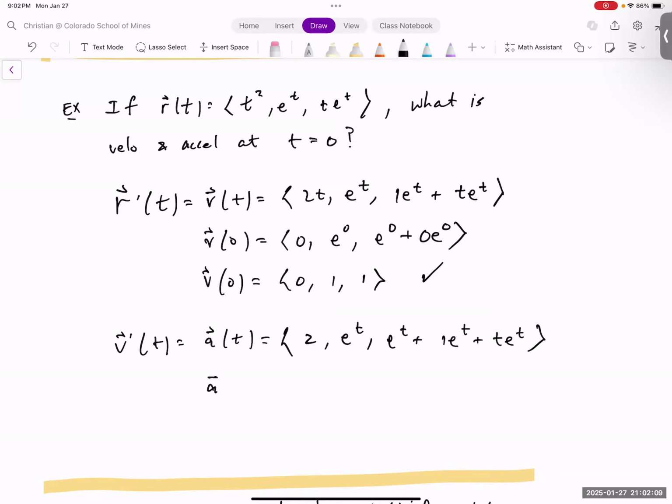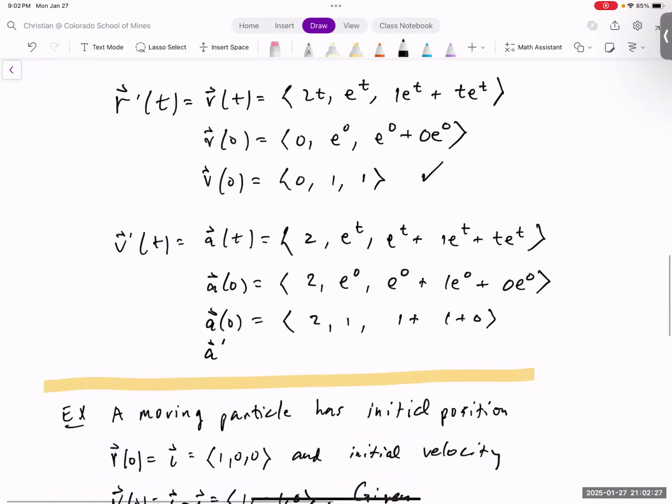All of this evaluated at 0: 2 e to the 0, e to the 0, plus 1 e to the 0 plus 0 e to the 0. What do we end up with? 2, 1, 1 plus 1 plus 0. It's 2, 1, 2.